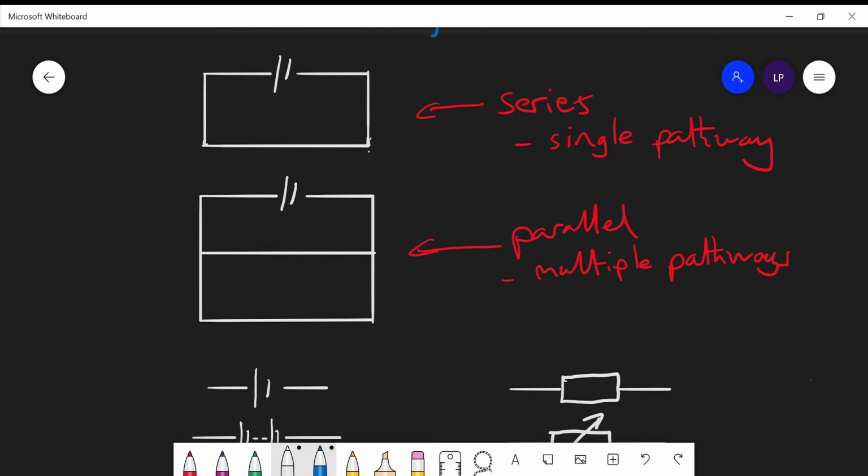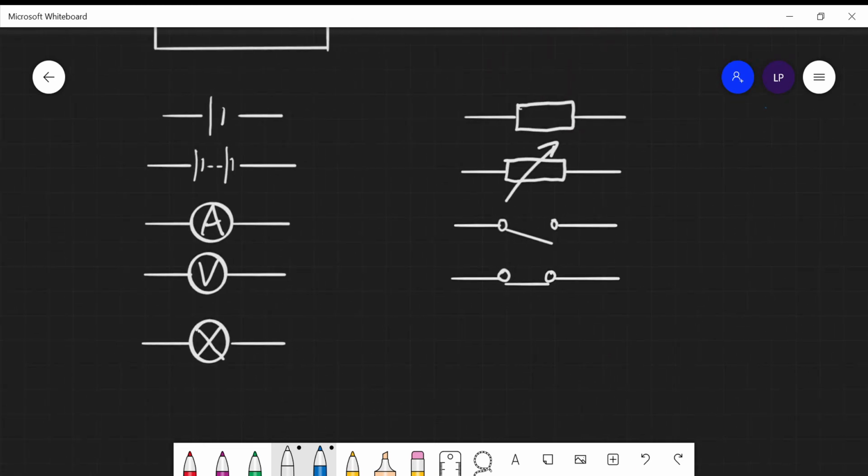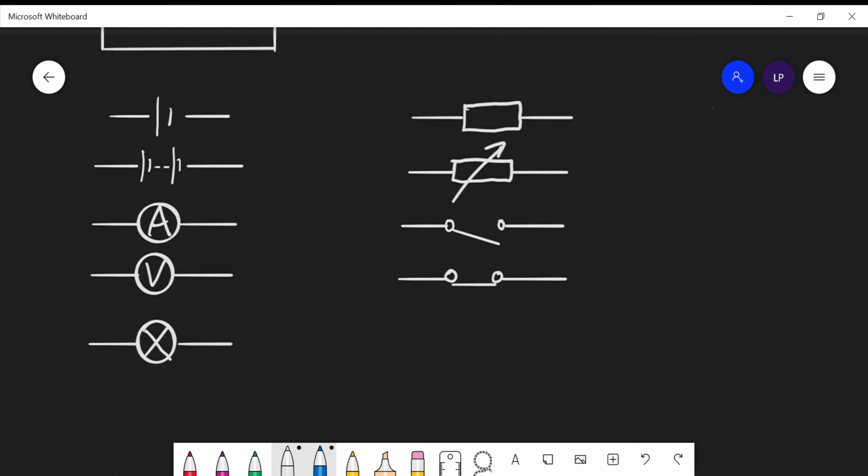So we've seen light bulb and we've seen cell, but there are many different components you need to learn, and here are a few of the main ones. Well, the first one we know is cell. The second one is a battery.